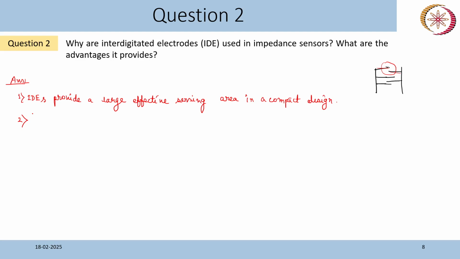In some types of sensing mechanisms the sensors are not reusable, but here, if you remove the sample on top of the interdigitated electrode properly, because these are metal lines, they will not go away that easily. If you clean properly, you can reuse them again. So this is a very important advantage that reduces cost.